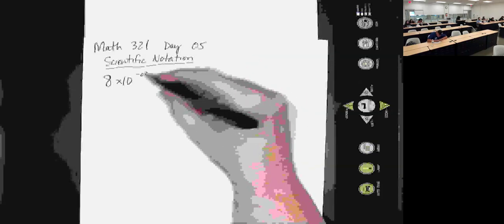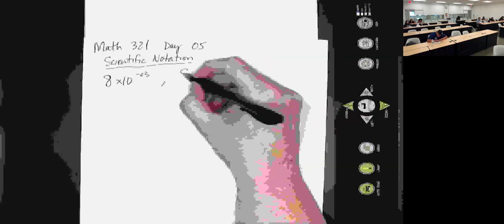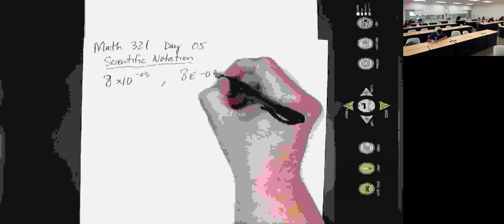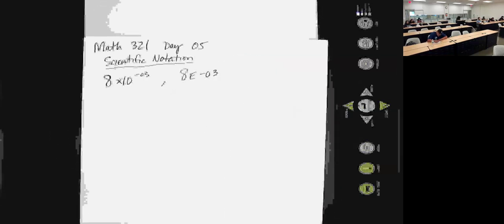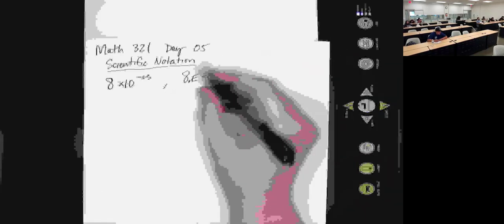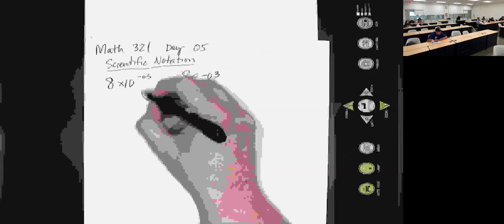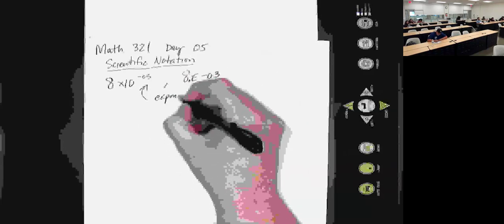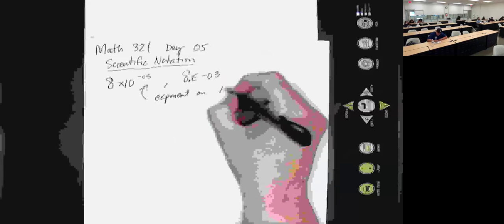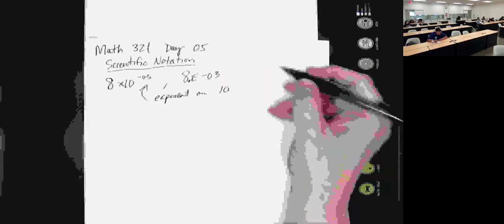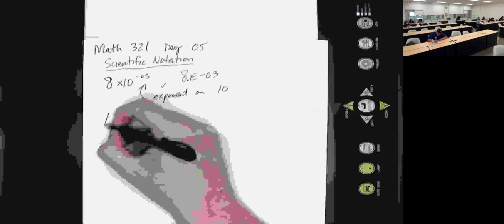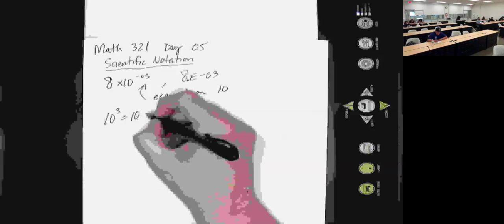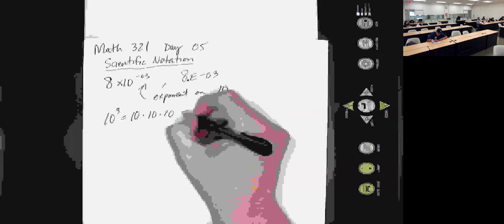Others might have an E here: 8E negative 03. This is meant to represent an exponent on 10. So positive exponents represent multiplying itself by that many times, and you get something like 1,000.